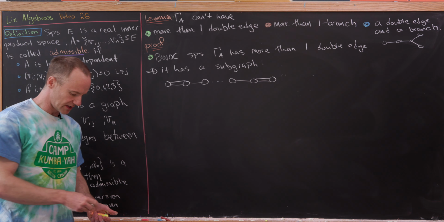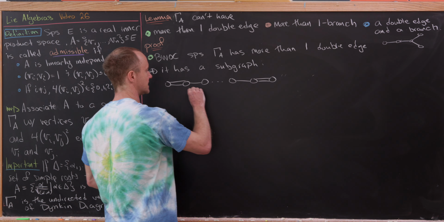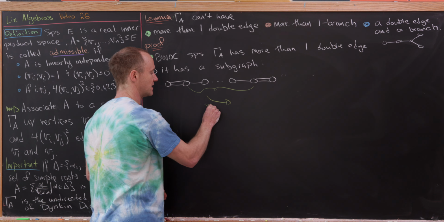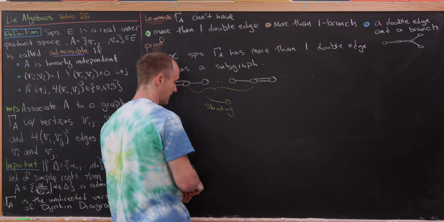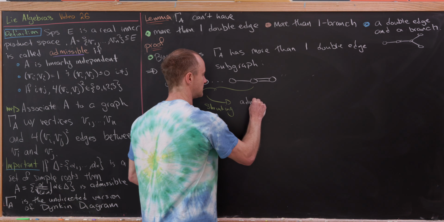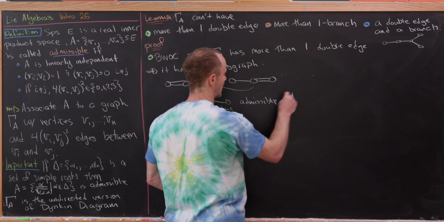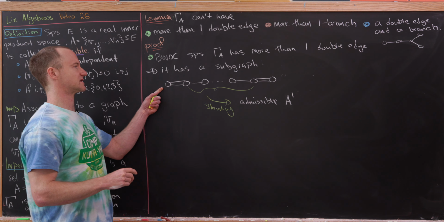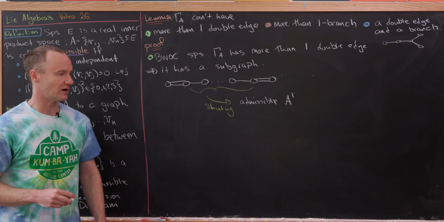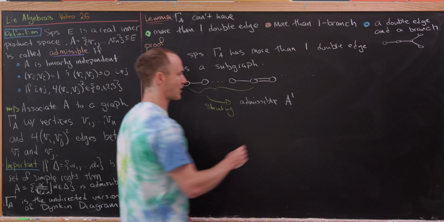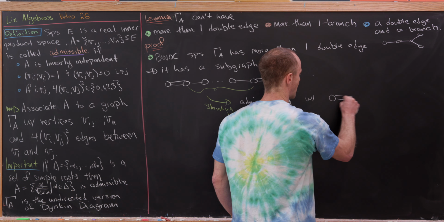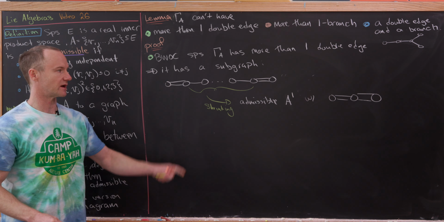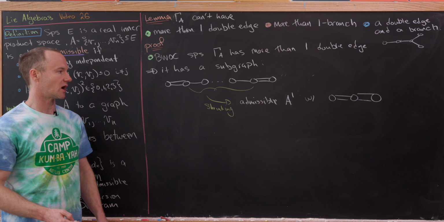But now let's observe that it has a sub-chain inside of it. And so by the shrinking lemma, we have some admissible, what I'll call A prime now, although it's not exactly the same A prime as before because this is a subgraph of our original gamma of A, but it is an admissible A prime with the following picture because we just shrunk this big chain to one thing. But now let's observe that that's a contradiction.